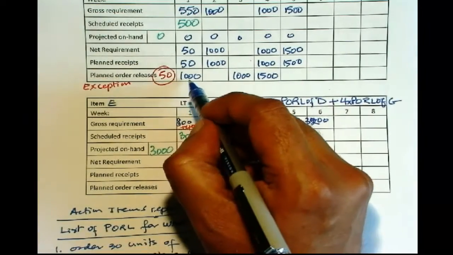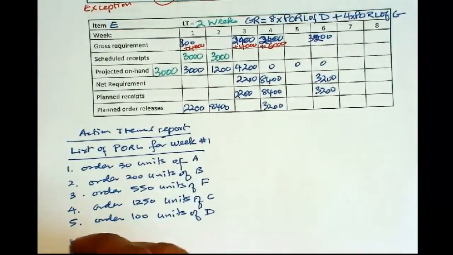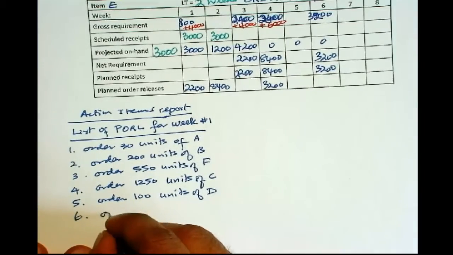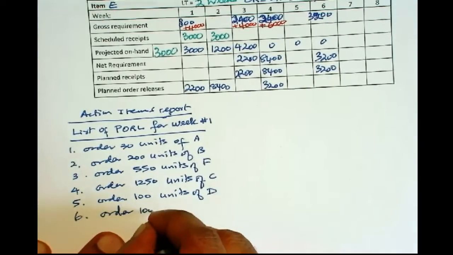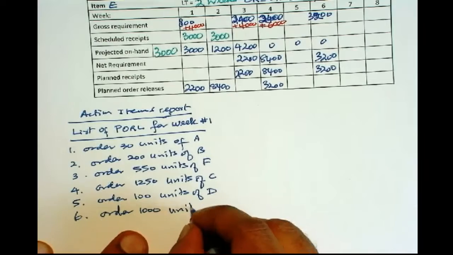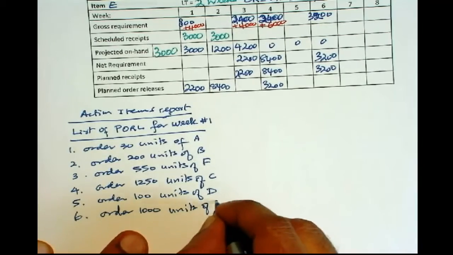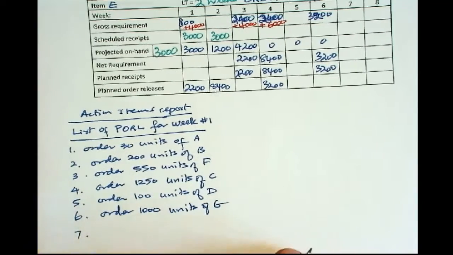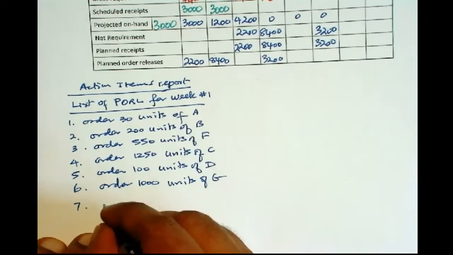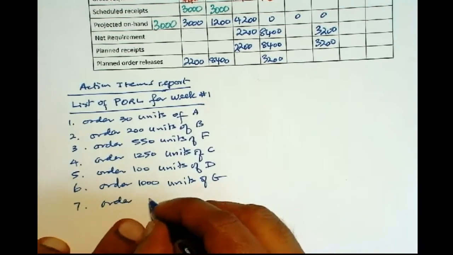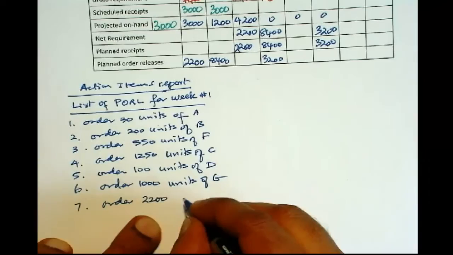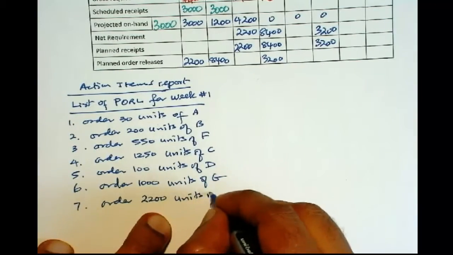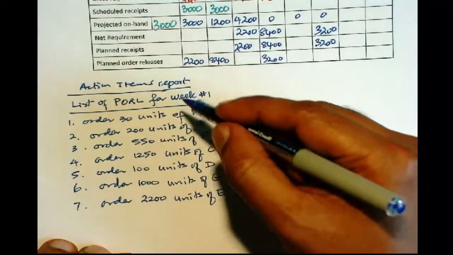Next is 1,000, order 1,000 units of G, and then order 2,200 units of E. So these are the actions that must be taken right now.